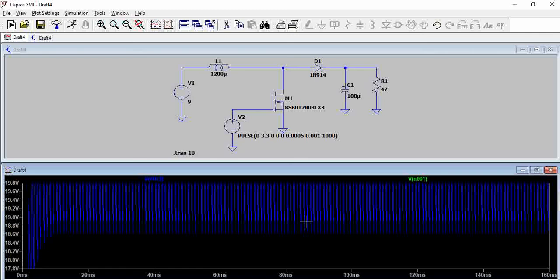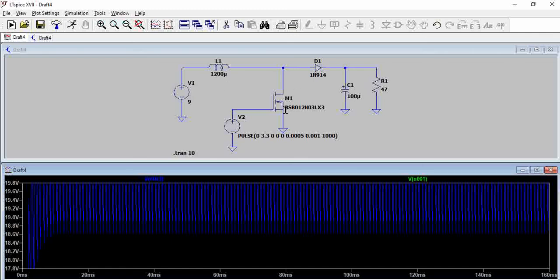So to understand the operation of this boost converter, we initially said that the output voltage is supplied as the sum of the input voltage plus the inductor voltage, right? That means when these two get added, that's how the output is supplied. So the more you develop the voltage across the inductor, the higher the output voltage.